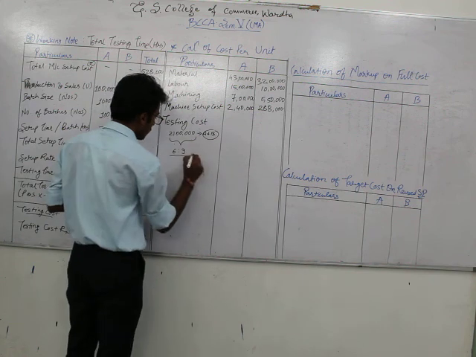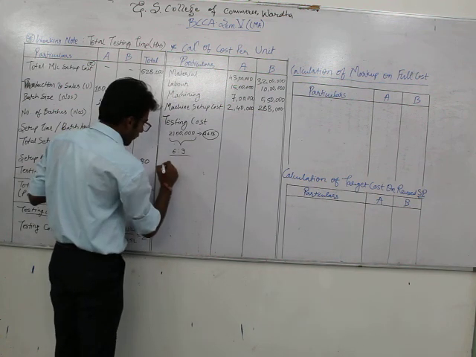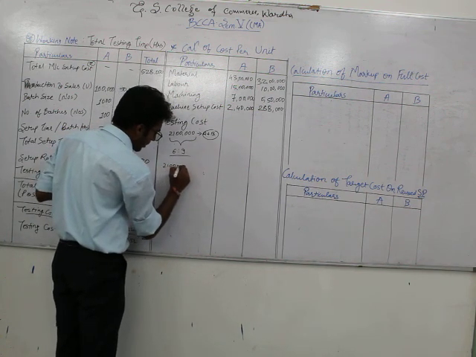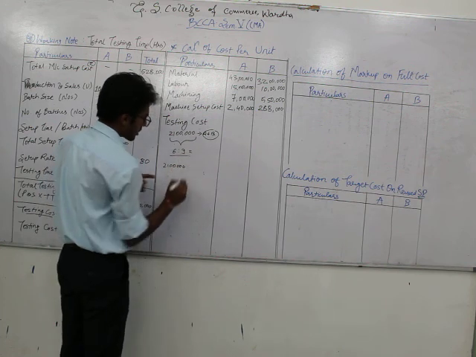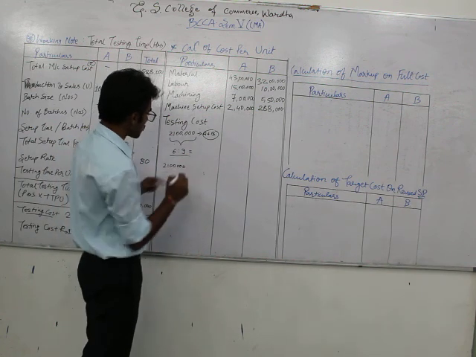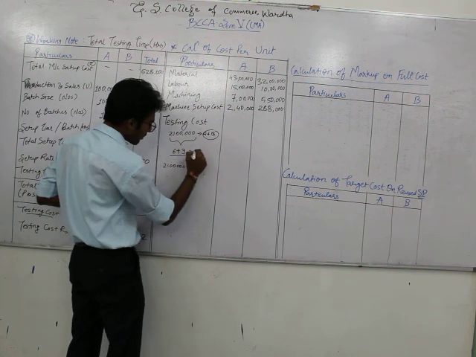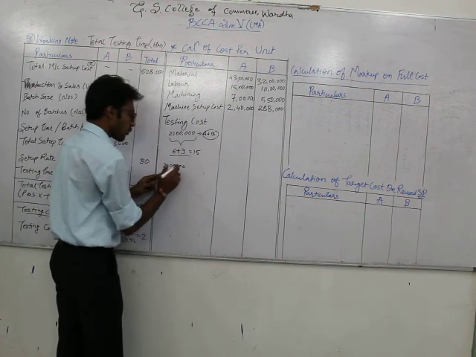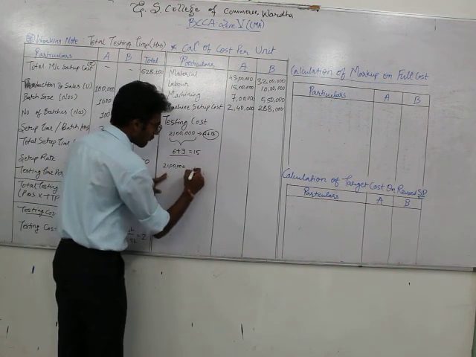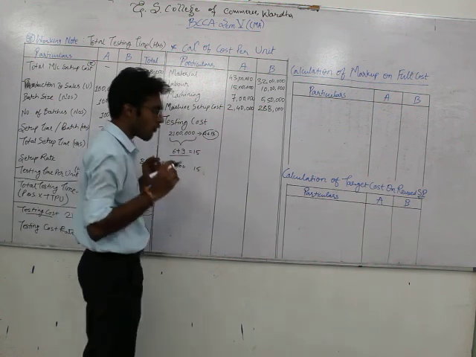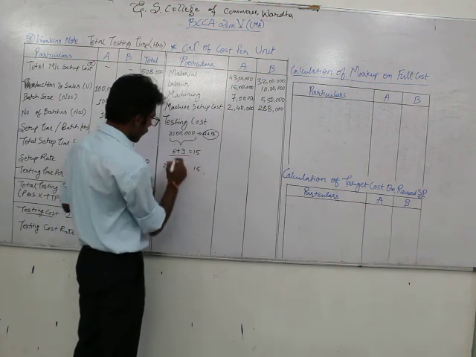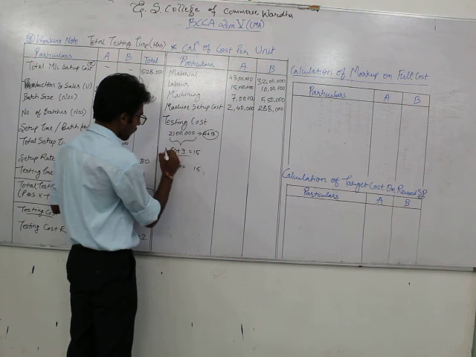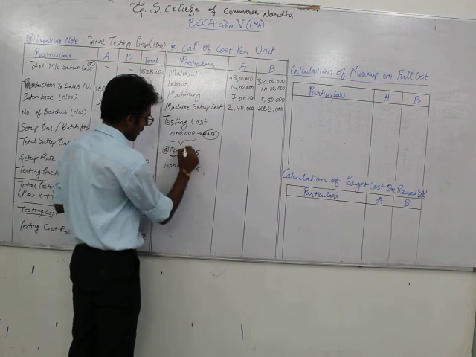Or by logic, if 21 lakh is for A and B, then 6 plus 9 will be 15. So 21 lakh is for 15 hours. So what can be the cost for 6? This is for A and 9 for B.